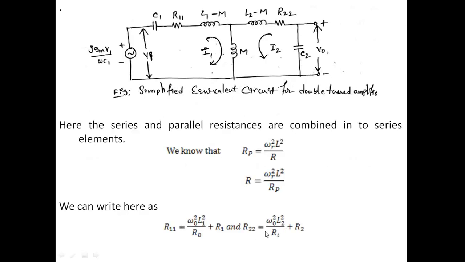And similarly, R22 is equal to omega naught square L2 square divided by Ri plus R2. In place of R1, we write R11, and in place of R2, we write R22. These are the equivalent resistances at the input side as well as the output side.